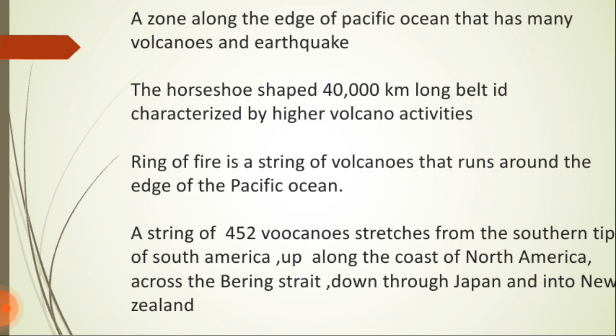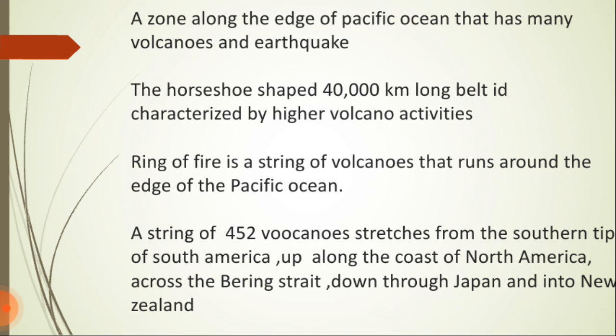Let us know something about ring of fire. It is a zone along the edge of the Pacific Ocean that has many volcanoes and earthquakes. A horseshoe-shaped, 40,000 km long belt that is characterized by higher volcano activities. Ring of fire is a string of volcanoes that runs around the edges of the Pacific Ocean.